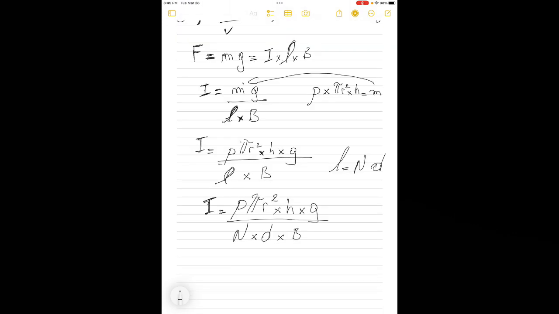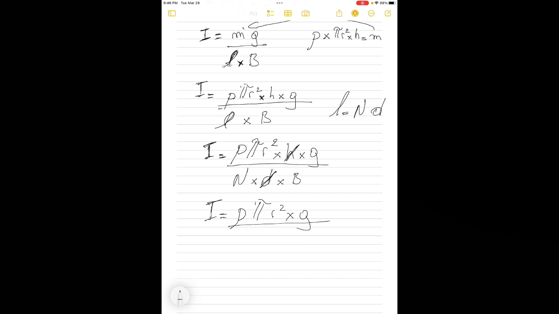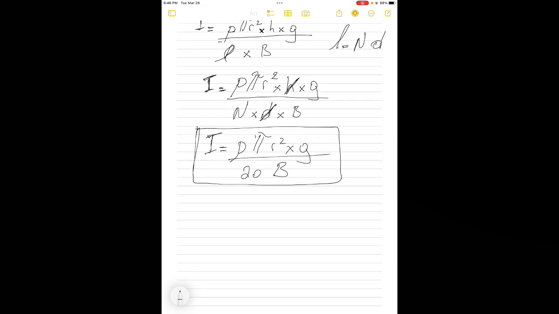The height of the wire and the diameter of the wire are the same thing, so we're going to remove this two. And the number of turns, if you see in the diagram, is 10 turns. Because the coil is affected by the magnetic field on both sides, that's going to be multiplied by 2, so that's 20 multiplied by the magnetic field. So this is the formula that we are going to use.